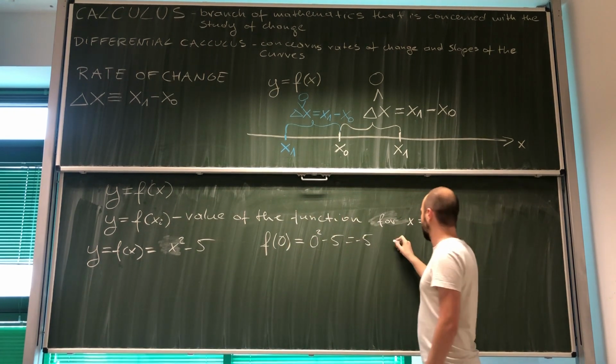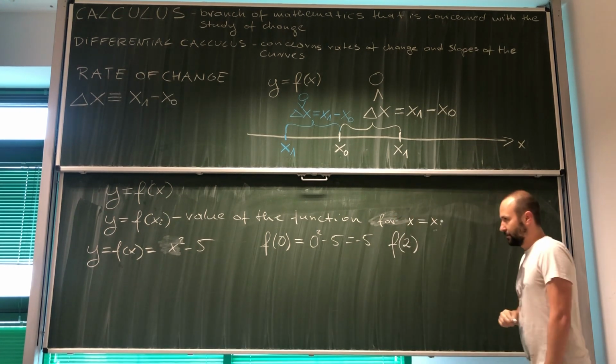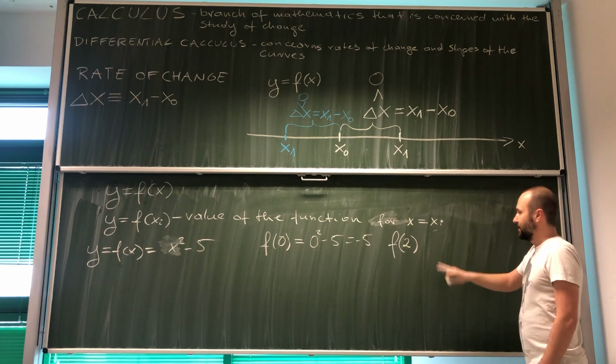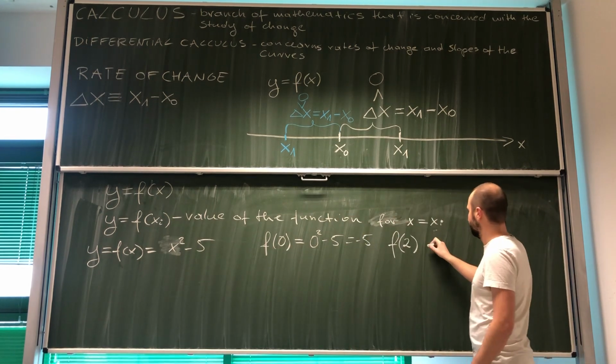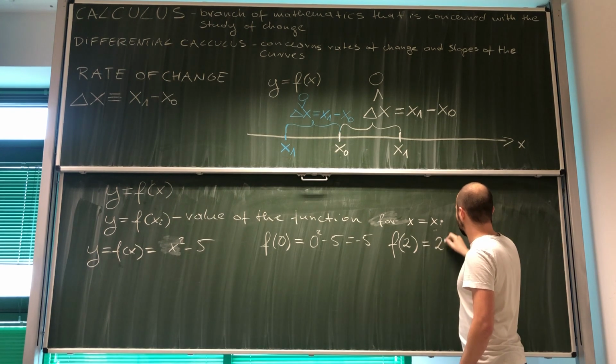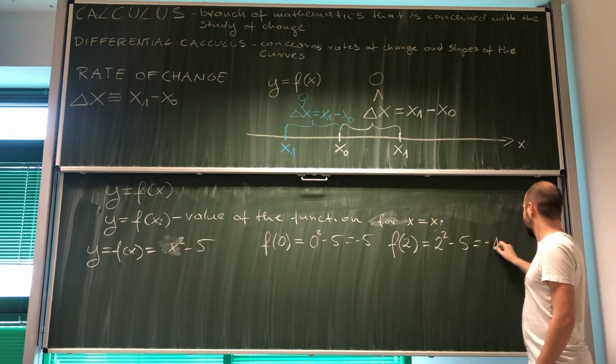Now, if I would put here that I want to know what is f of 2, then f of 2 is what I'm going to get if I replace x with 2. So I would get that this is 2 squared minus 5, which is negative 1.